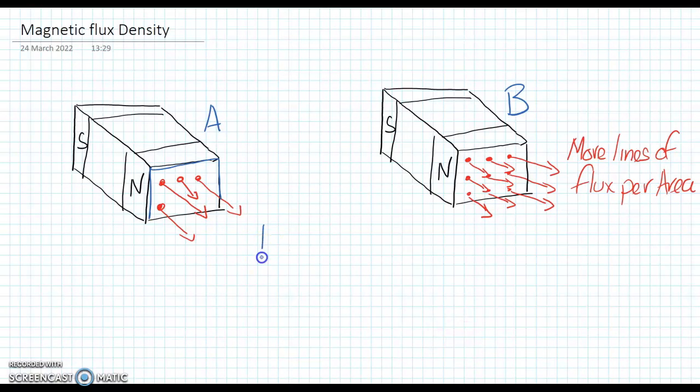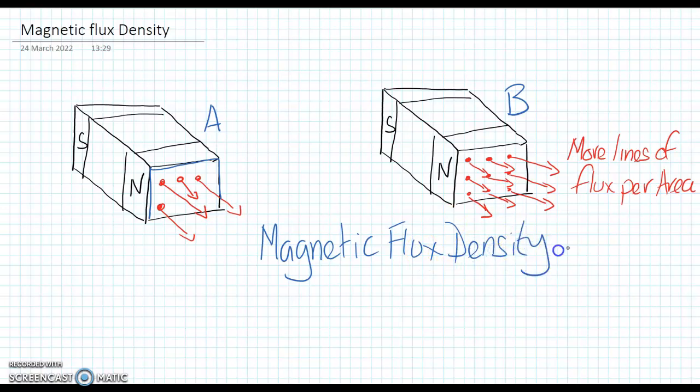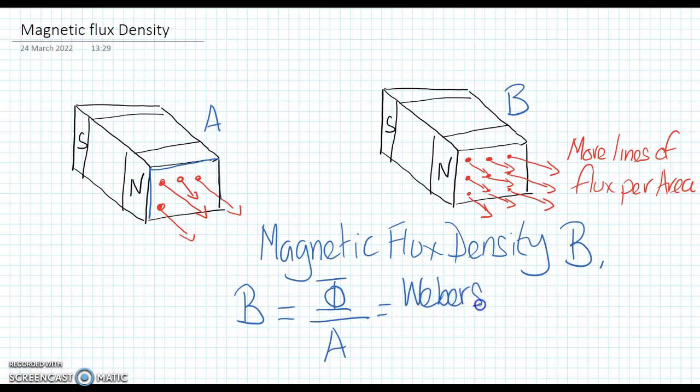Now, magnetic flux density is very important in electrical engineering. Magnetic flux density, the symbol is B, and to calculate flux density B, it is phi over area. So remember from the last, that is Webers, which is magnetic flux, over area.